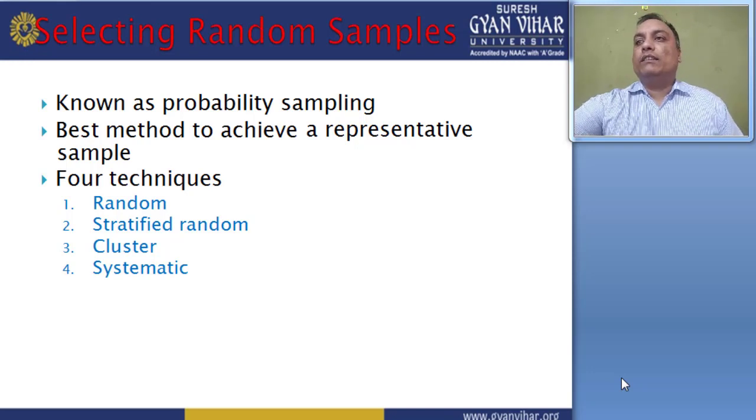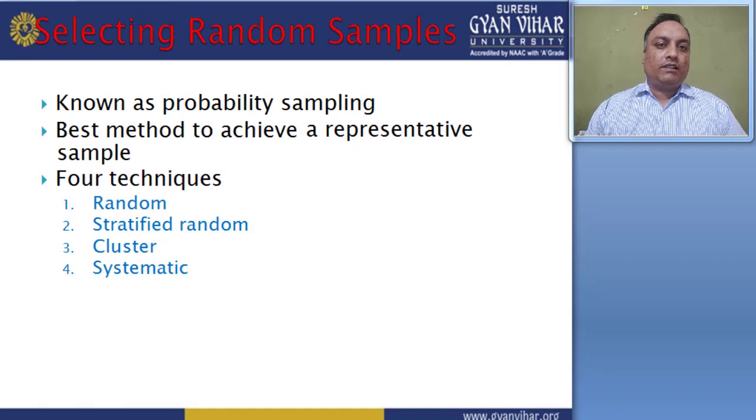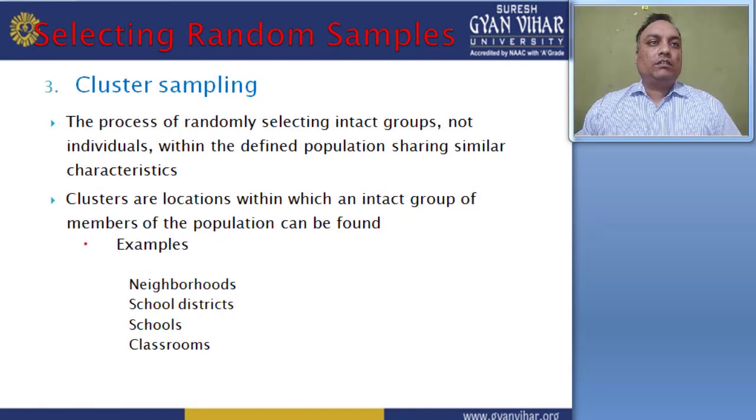Cluster sampling is one type of sampling based on probability, right? This is the third type of sampling, and it is the process of randomly selecting intact groups, not individuals, within the defined population sharing similar characteristics.